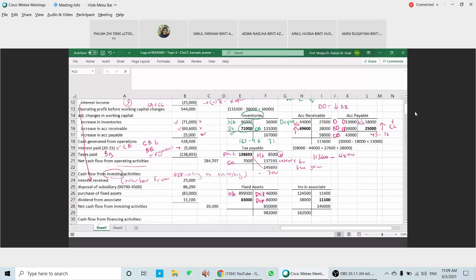This one is a disposal. So you're going to have altogether 850 here. What is that 850? Where does that 850 come from? 850 here is the ending balance, isn't it? Okay, this is the ending balance.